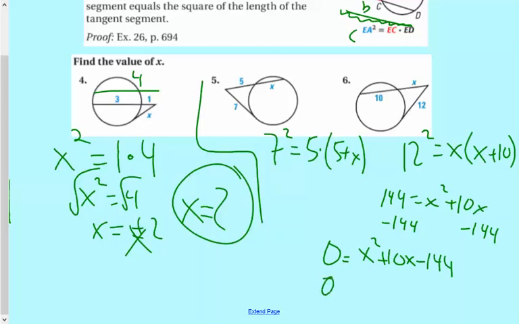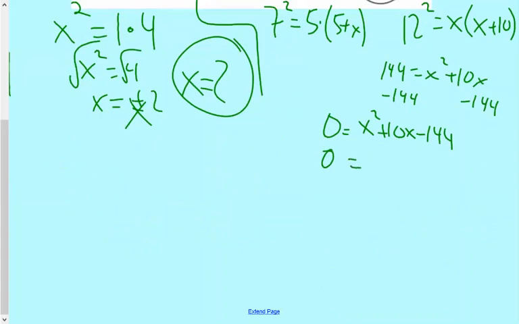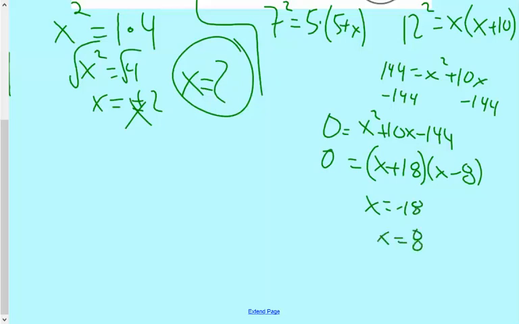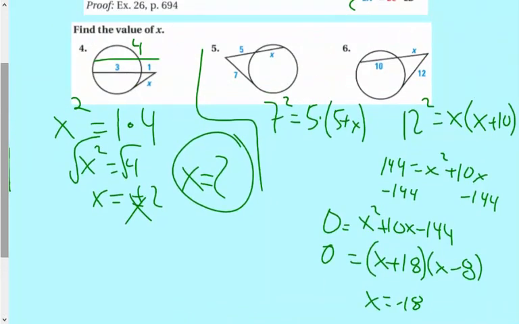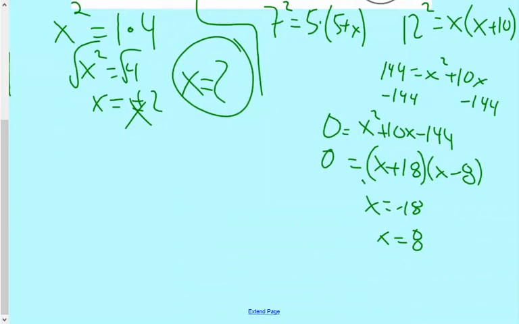Numbers we're looking for are 18 and 8, x plus 18, x minus 8. Those two numbers are going to multiply to negative 144 but add to 10. So x equals negative 18 and x equals 8. I'm going to check my solutions. Negative 18 would make this value negative, so I don't want that. So I'm going to throw out negative 18 and be left with 8.